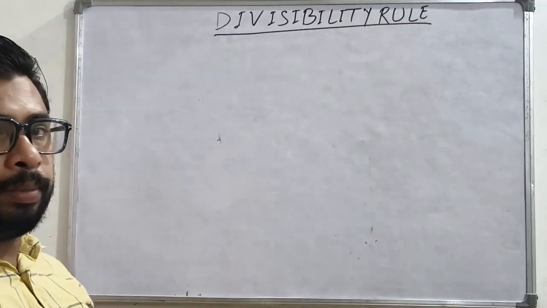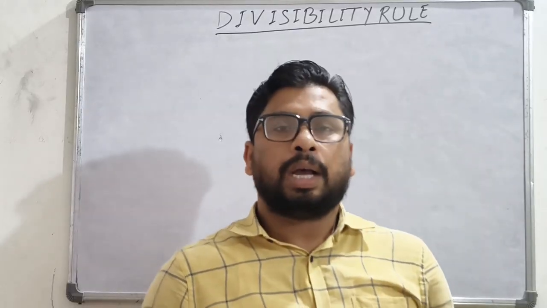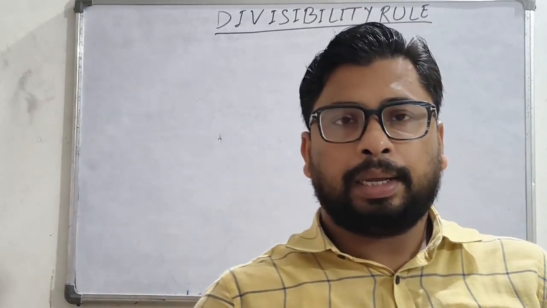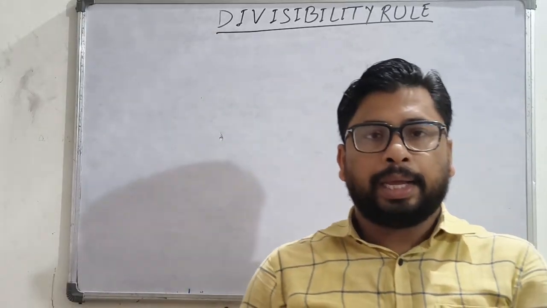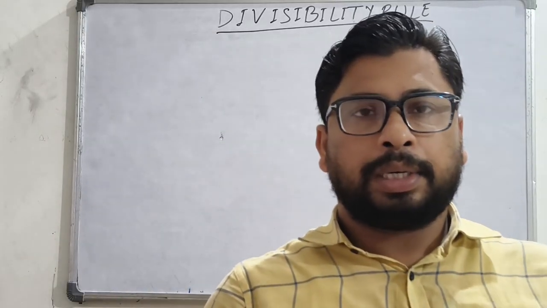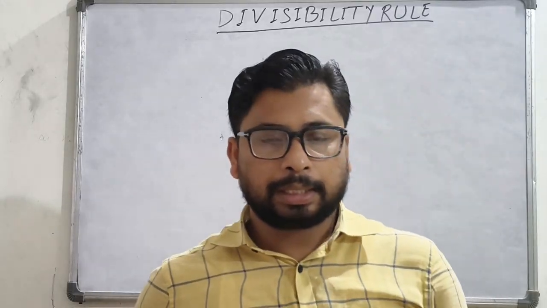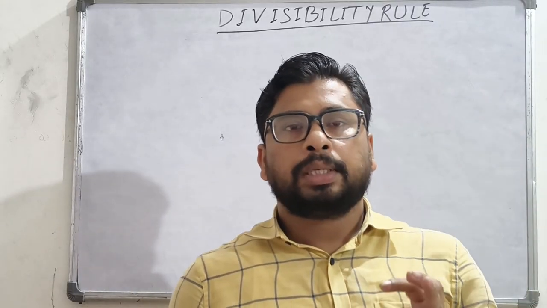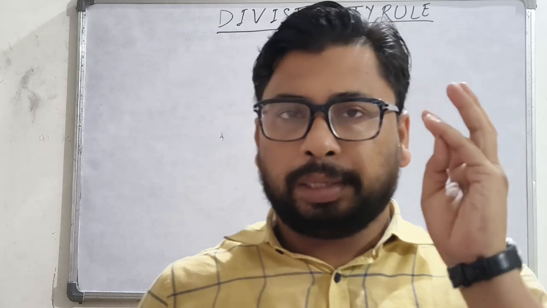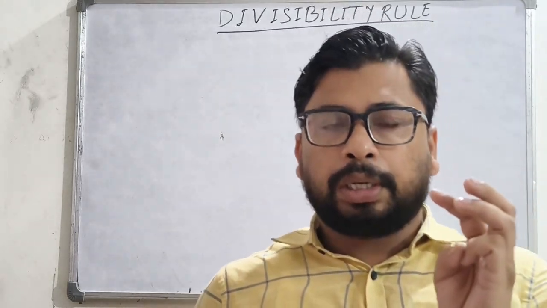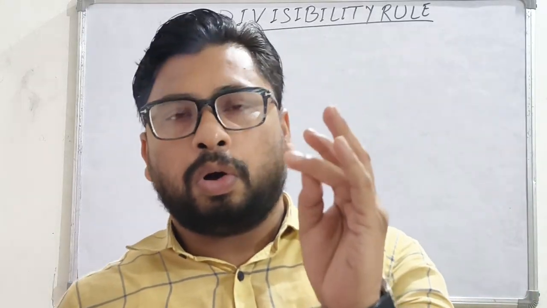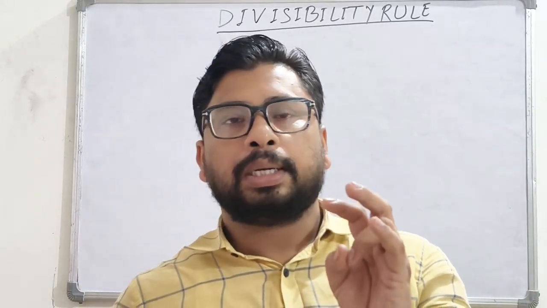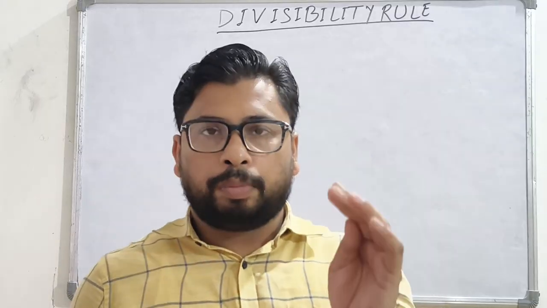Before introducing the divisibility rule, I am giving you a brief introduction of the number system. As you have already studied the number system in your previous classes, that is natural number, whole number, integer, rational number, irrational number, even number, odd number, prime number, composite number, co-prime number.